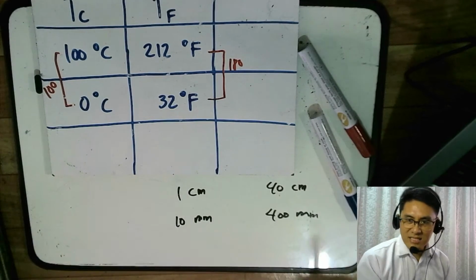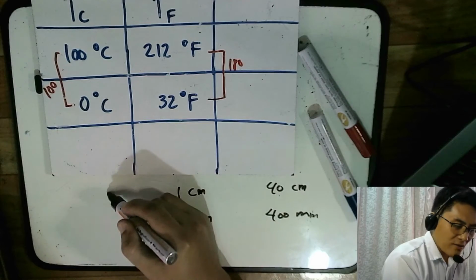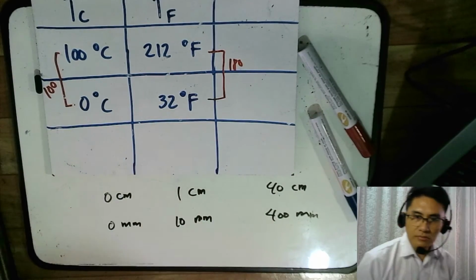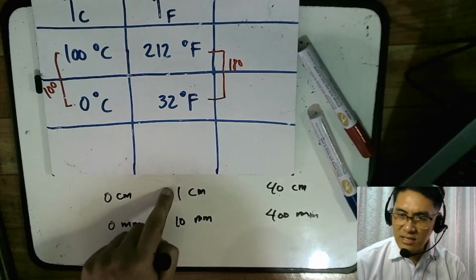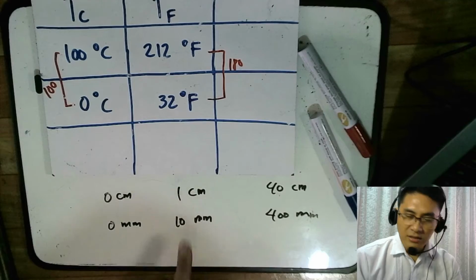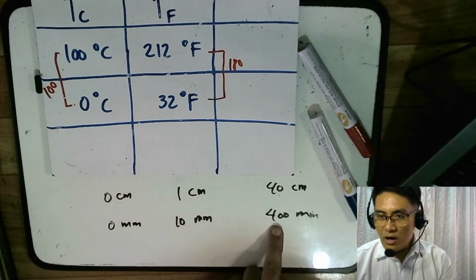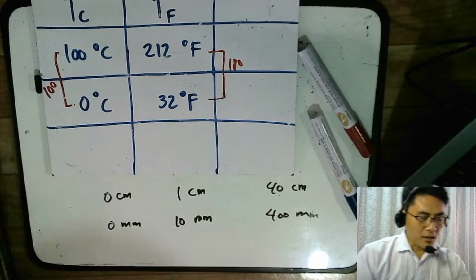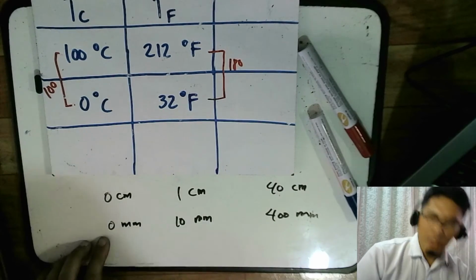But at least I know that when you have 0 cm, it's always 0 mm. Right? 10 mm is not 10 cm. 400 mm is not 400 cm. In fact, 10 mm is 1 cm, and 400 mm is 40 cm. But at least I know that at 0 cm, it's always 0 mm.